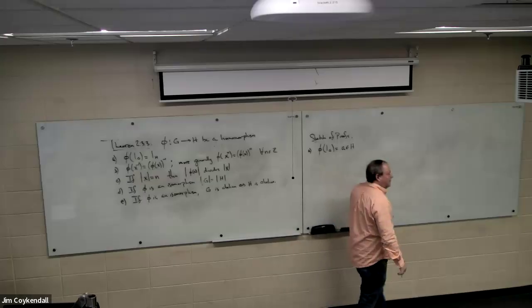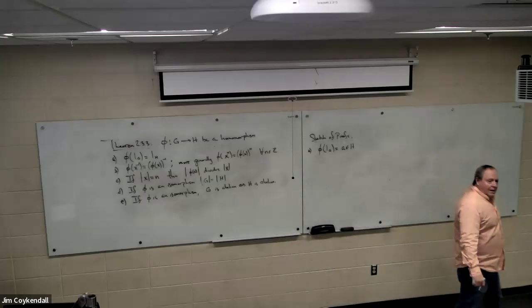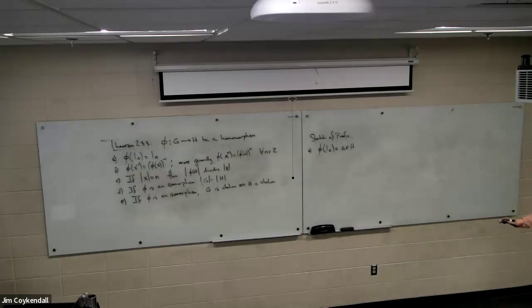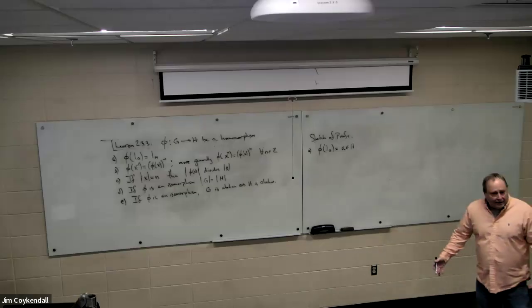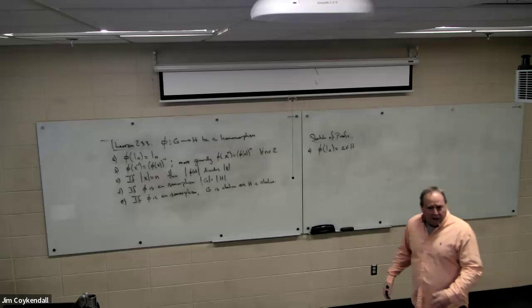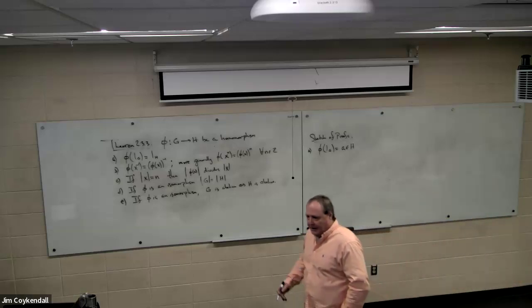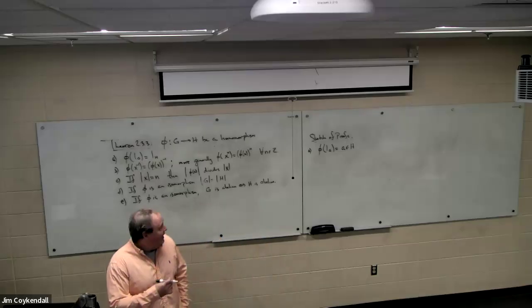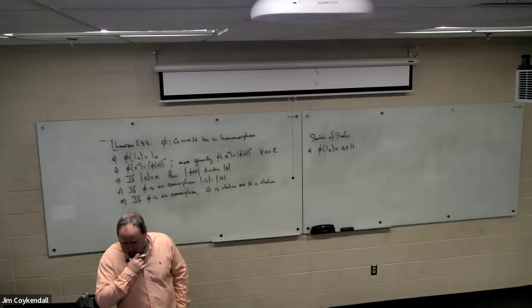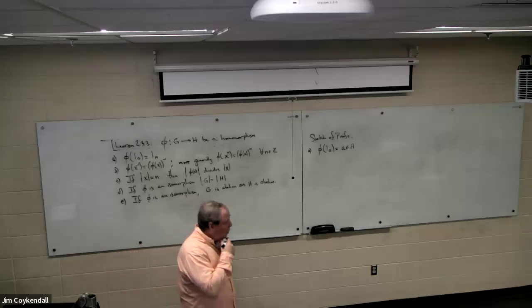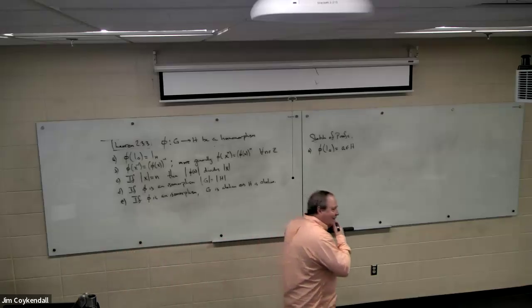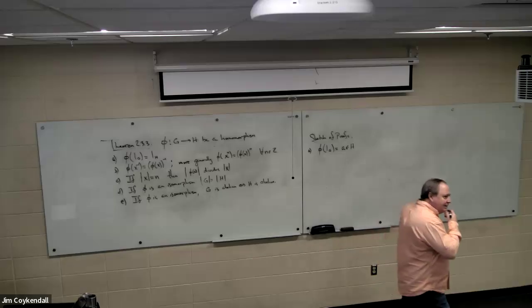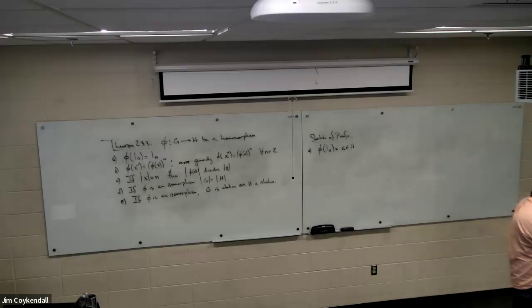I know that phi of the identity of G is something in H. I don't know it's the identity of H, but I know it's something, right? My burden now is I would really like to show that A is the identity of H. Agree? That's my goal. Any ideas on how I might push this forward?